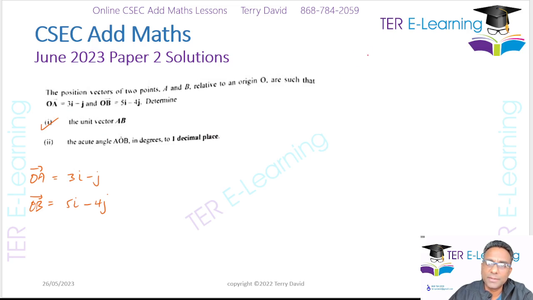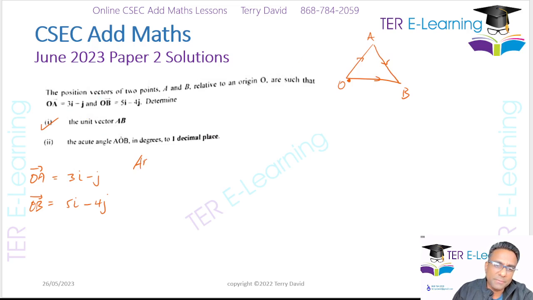Now here's the thing. Whenever you're doing a question like this, always sketch a simple diagram. The diagram doesn't have to be accurate, but you need to know what is what. So let's say there's the vector OA here, and this here is the vector OB. The question is asking for a unit vector, so we need to find the vector AB first, right?